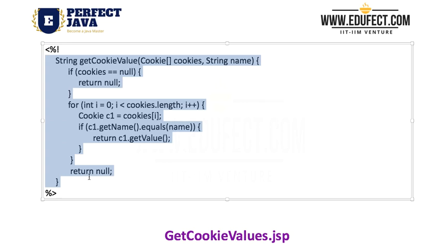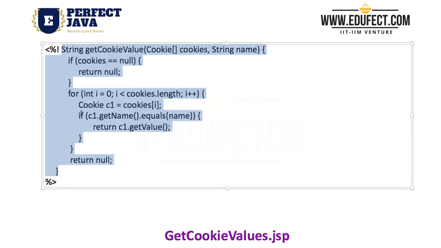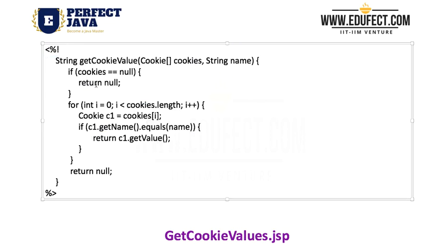To help us define a function, we have changed the tag, and here we are defining a function getCookieValue, which takes two parameters, an array of cookie and the name of the cookie we are looking for, and returns a string.